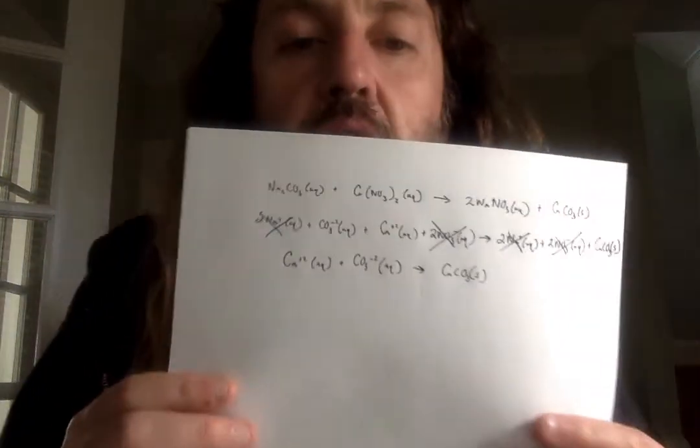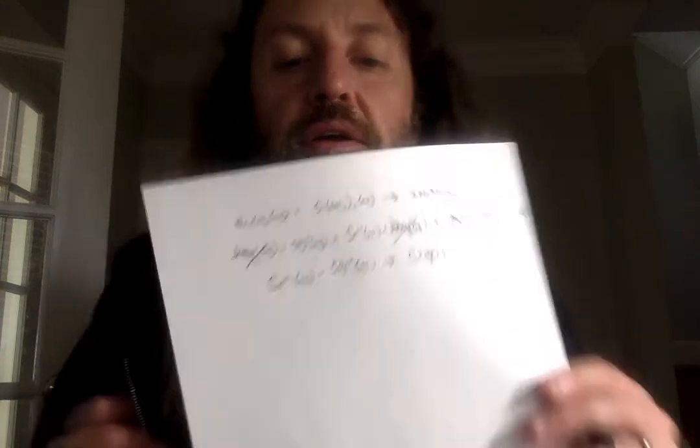It's customary to write the positive one first, then CO3 2-, like that. Okay, so that is the net ionic equation.